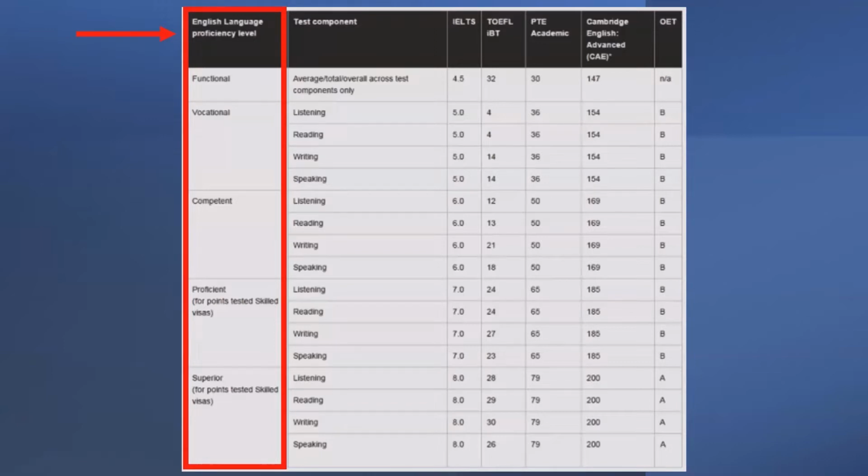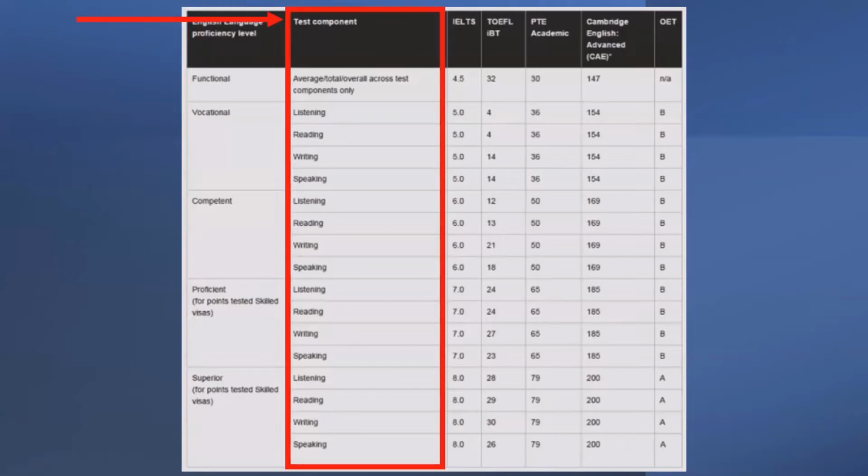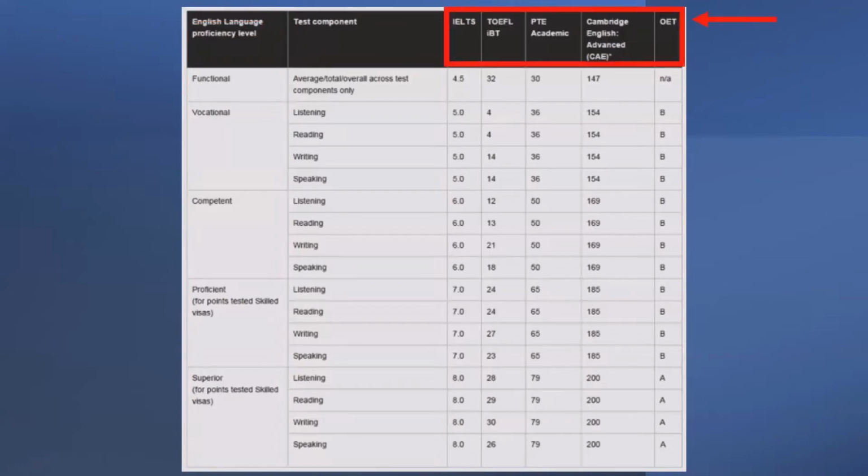In the next column, we look at the test component. And the third column shows the different types of tests that you can undertake that are approved here in Australia, for example the IELTS test, the TOEFL test, the PTE Academic test, the Cambridge English test, and the OET, that's the Occupational English Test.